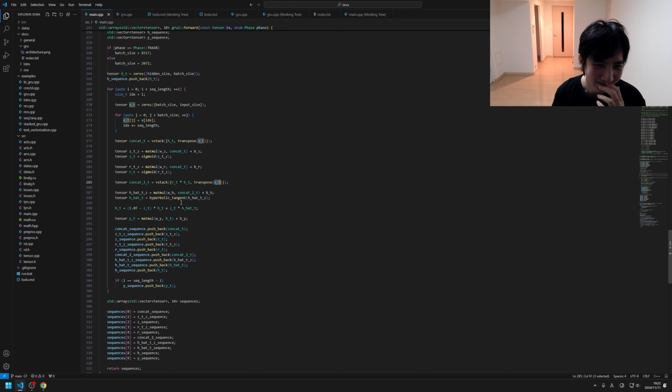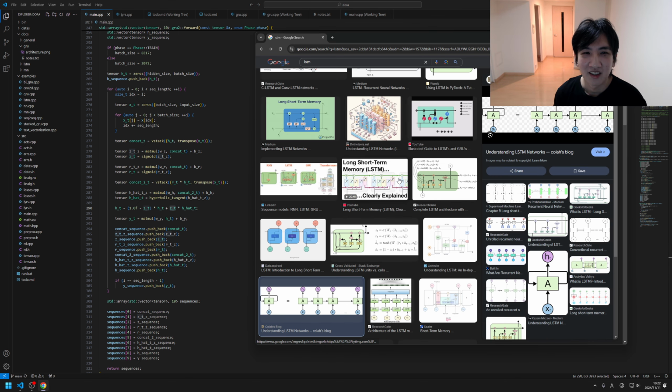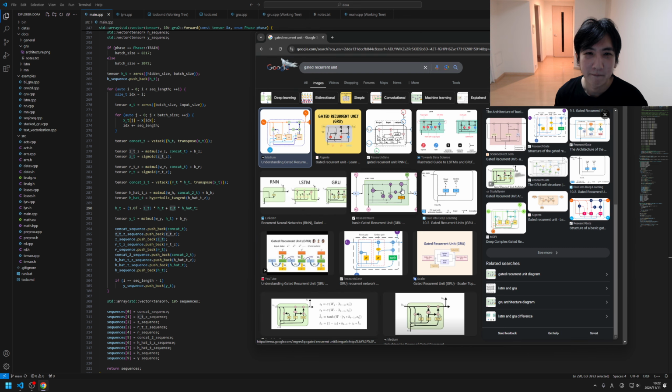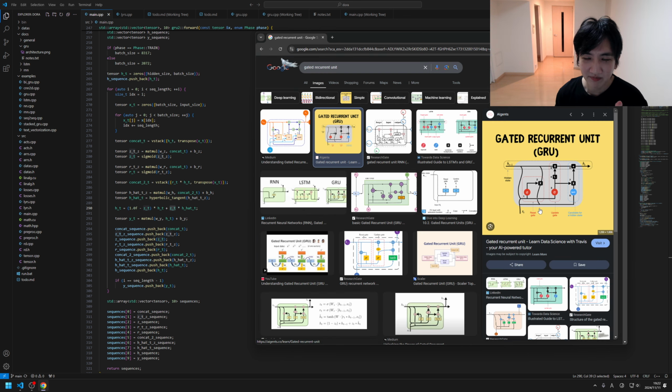This is called the candidate, and this is multiplied by this zt. So it's essentially like a switch. And yeah, it looks like this.